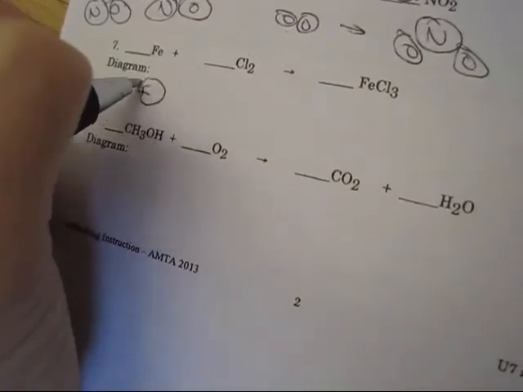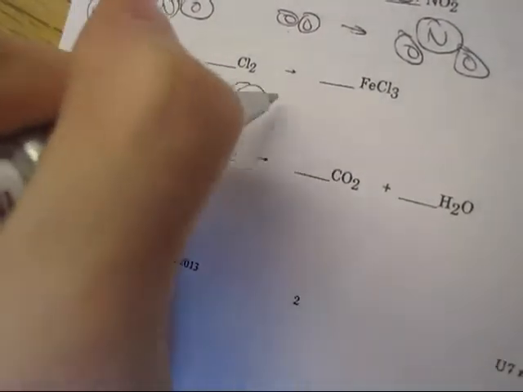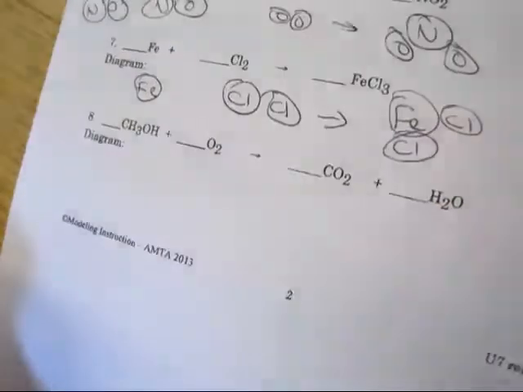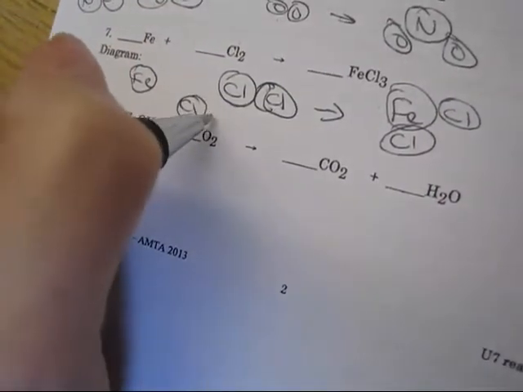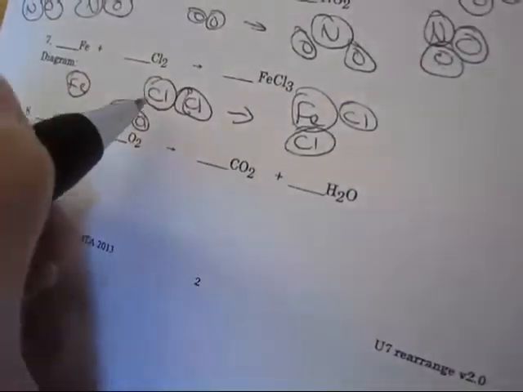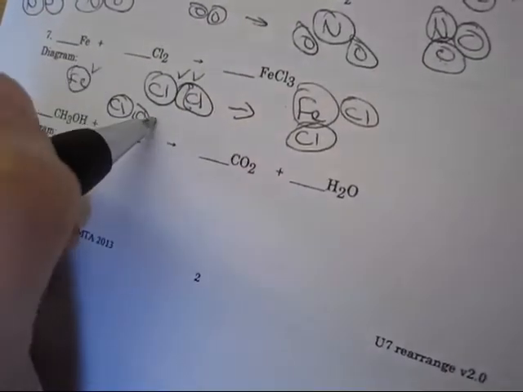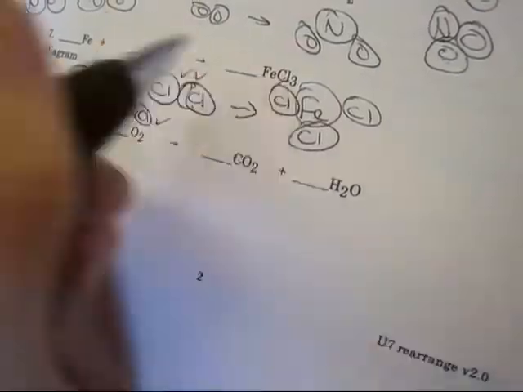Okay, Fe and Cl, Cl. This makes, well, I don't have enough to make my first Cl3. So I definitely ran out of Cls, so I'm probably going to need another one of these Cl2s. All right, so I've used these. Now I can take this to do my third one, but now I have a leftover chlorine.